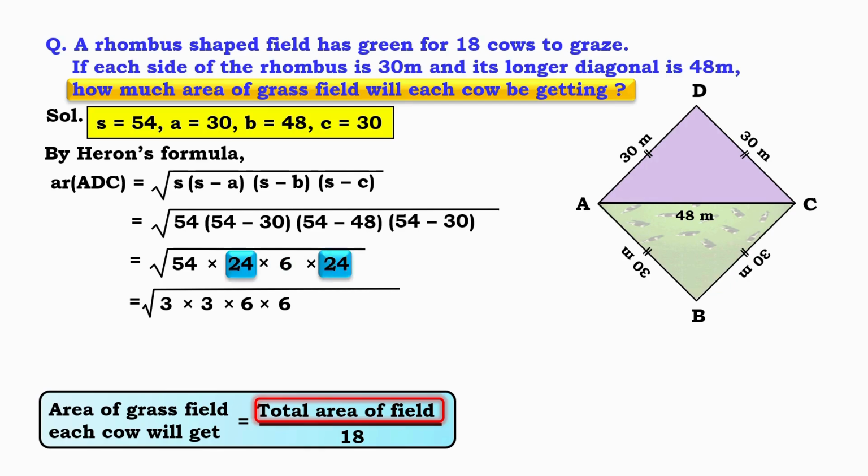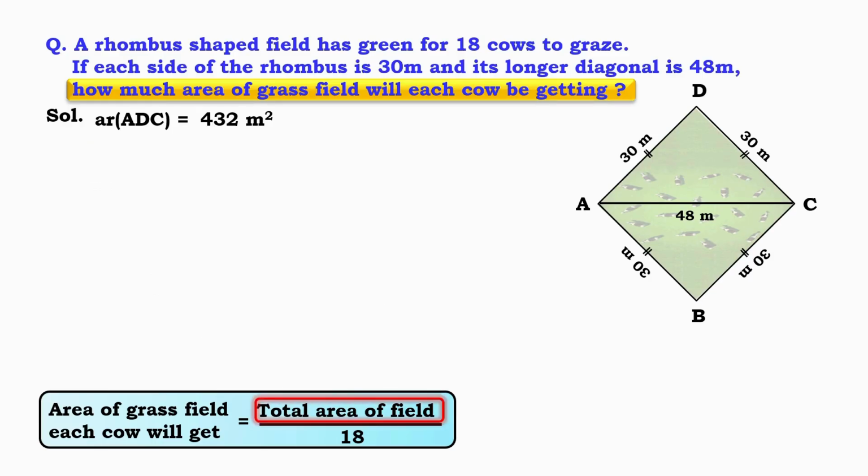Now there is a pair of 24, so we'll keep that pair together. Now we can see that we are getting each number as a pair. So 3 will come out, then 6 will come out, then finally 24 will come out. So the final area will be 432 meters square.